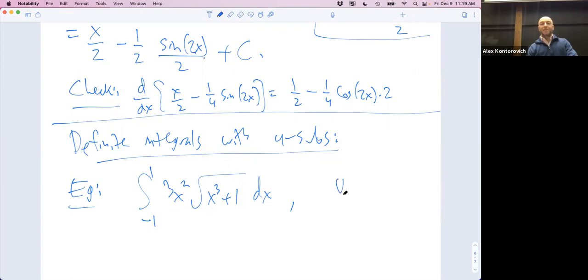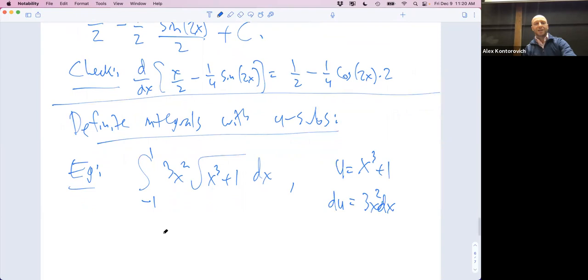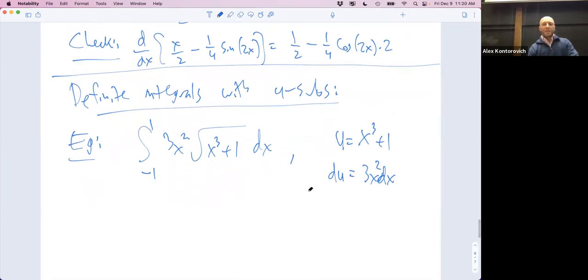You got a u sub in mind? Yeah, x cubed plus 1. What's du? 3x squared dx. That's good because I have 3x squared dx. Well, what does that mean? That means the antiderivative can be written as u to the 1/2, and then the 3x squared dx together make a du.